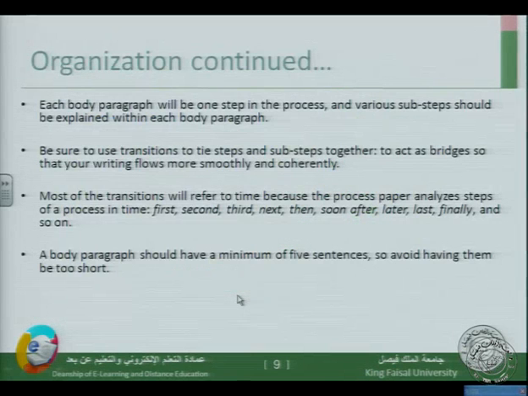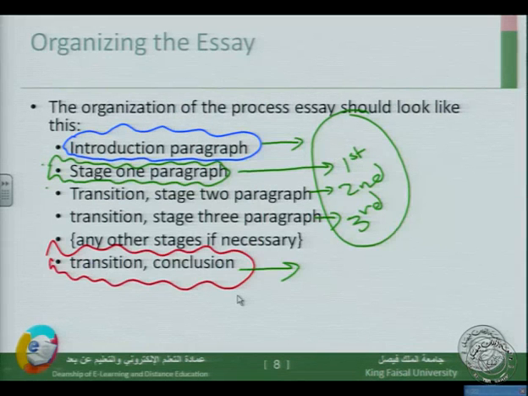Let us move on. Each body paragraph, which was outlined in blue, will be 1 step in the process. And various sub-steps should be explained within each body paragraph. So as we can see here, each body paragraph is 1 step.